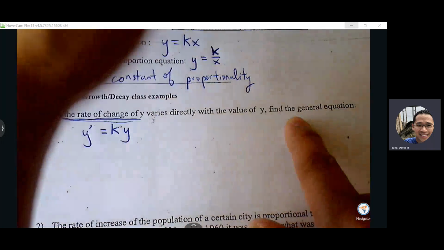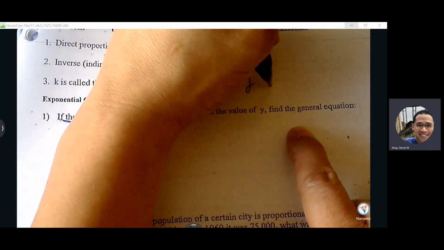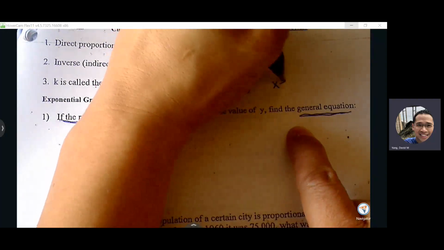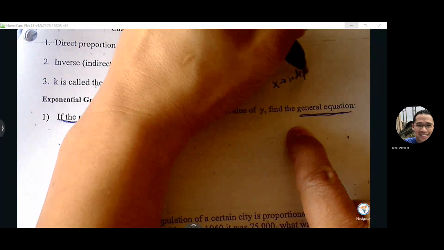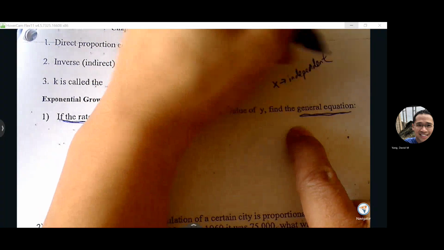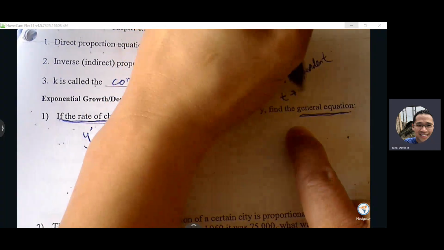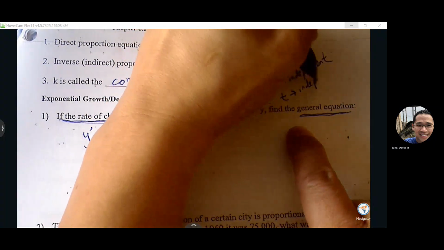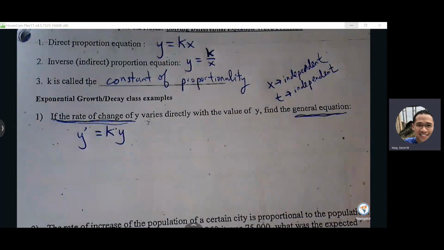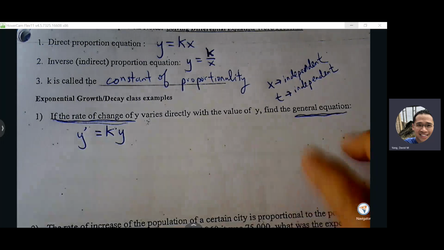Now, something else I want to talk about here is that with word problems, instead of x being the independent variable, now we're going to switch over to t being the independent variable. So in this case, we're going to let t replace x, but it's going to act the same way as x.